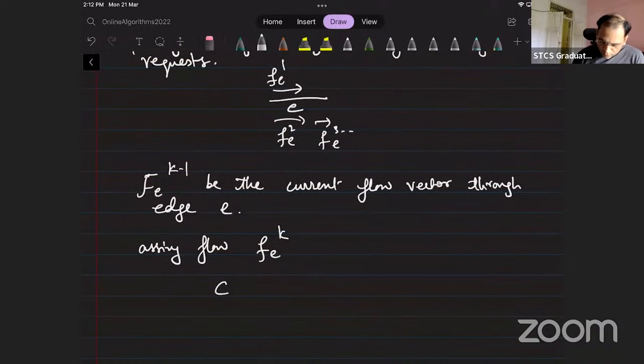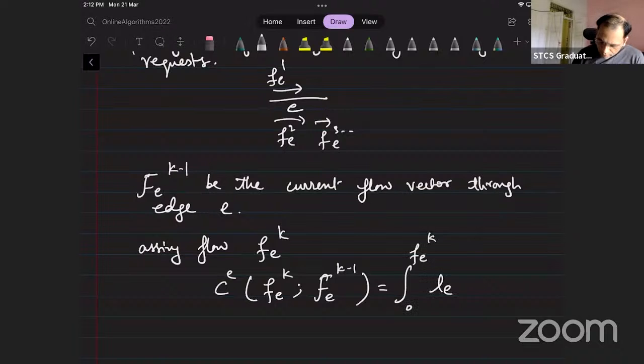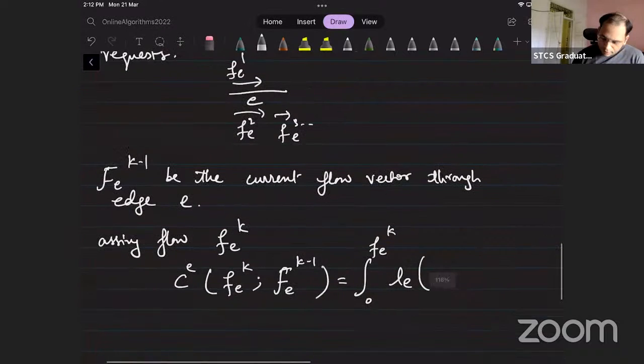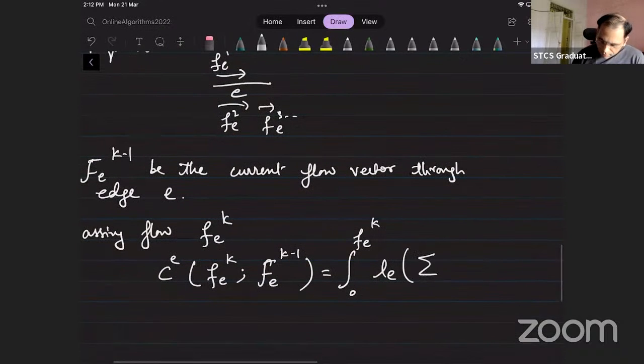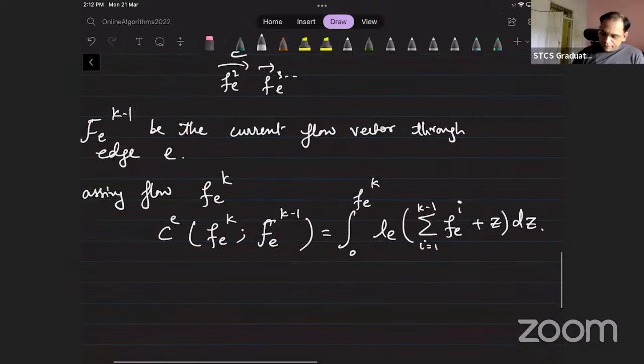So c_e of f_e^k, given the current status F_e^{k-1}, is equal to the integral from 0 to f_e^k of l_e, the function I defined early on, applied to the sum of f_e^i, i going from 1 through k-1, plus z, dz. Can somebody interpret this for me?